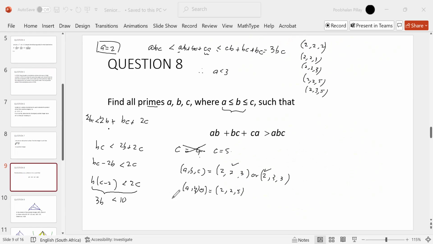But what happens now when C is greater than 5? C is greater than 5. What happens is that then you will have, let's have a look at this.